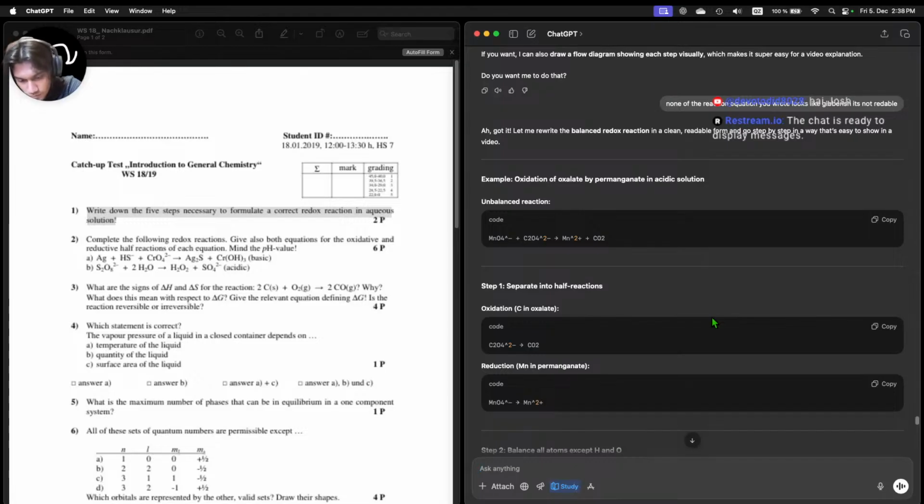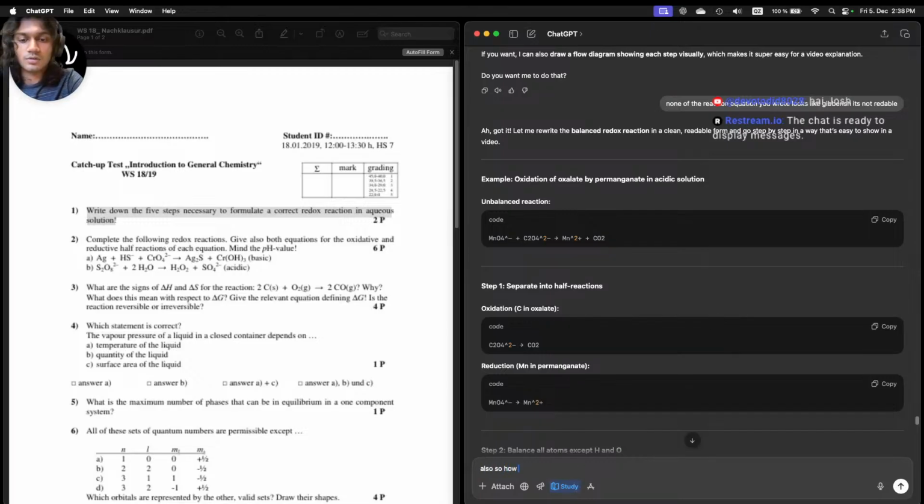So C2O4 lost electrons. So loss of electrons. Okay.